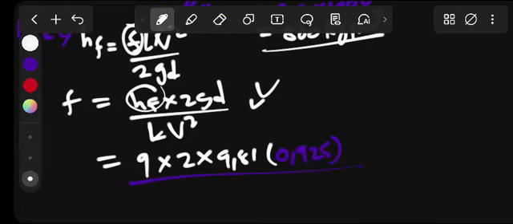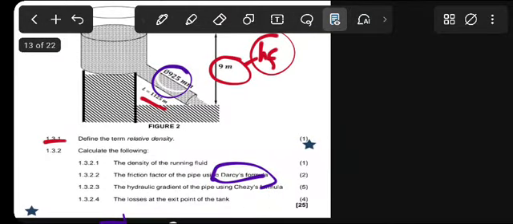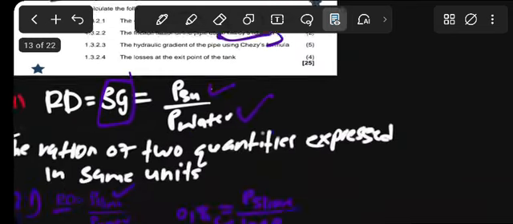Now we have the length, we are supposed to multiply by the length and the velocity. The length there is 1125 meters.